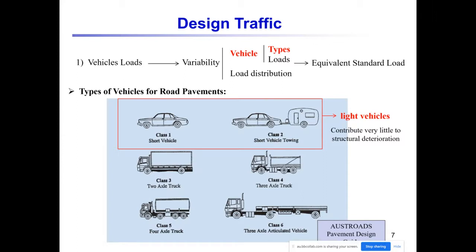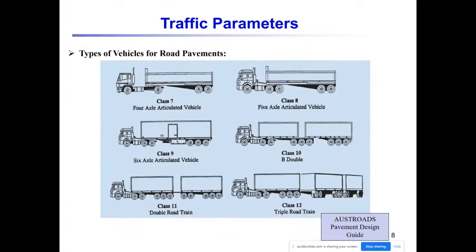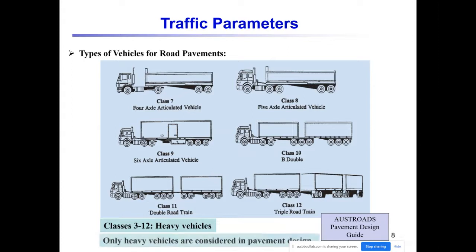When you want to determine the design traffic, we simply ignore the light vehicles. Even though the number of them is much, much more than the heavy vehicles, the failure due to light vehicles is negligible, so we ignore that in the design. So for the design, we only consider classes 3 to 12.